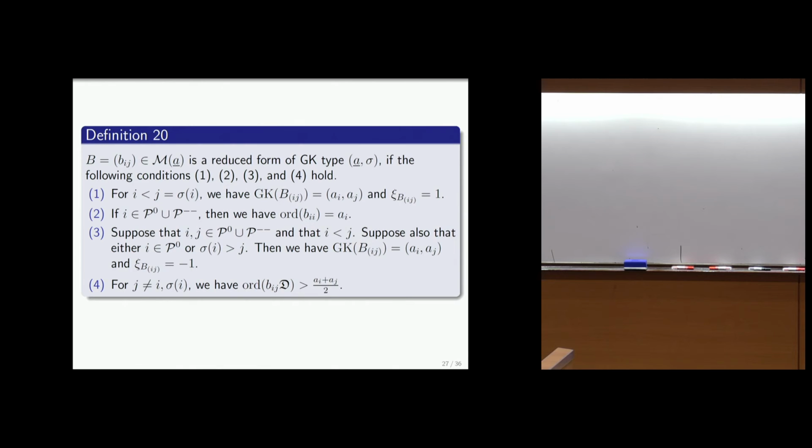And if i, j are elements of P_0 union P minus minus, and i is smaller than j, and either i belongs to P_0 or sigma i is greater than j, then the Gross-Keating invariant of B_ij is (A_i, A_j), and the signature of B_ij is equal to -1.